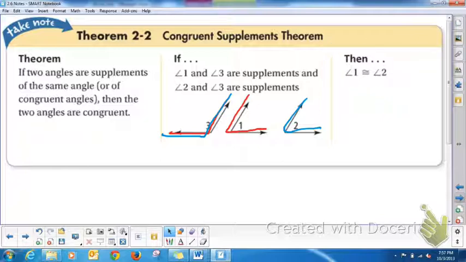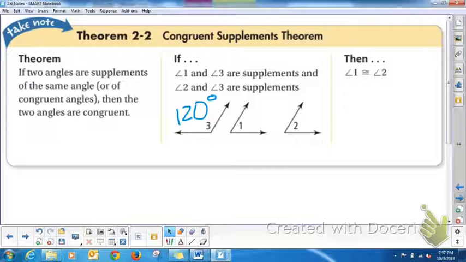Let's take a look at this by plugging in some numbers. Hypothetically speaking, if I say that angle 3 is 120 degrees, and I know it's supplementary to angle 1, that would mean that angle 1 must be 60 degrees, because 120 and 60 is 180.